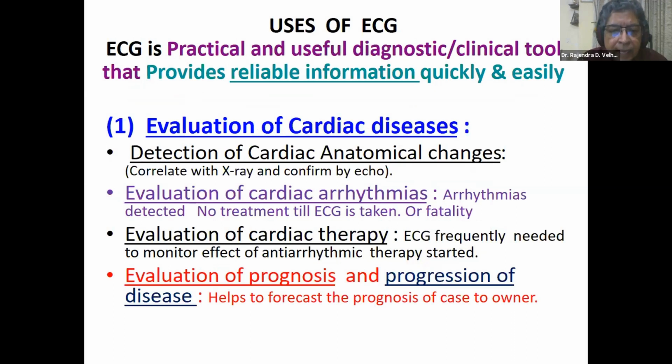By analyzing the PQRST waveforms, we can identify the anatomical changes taking place in each compartment of the heart, because there is a corresponding change in the ECG waveform for every chamber enlargement or every chamber anatomical change. Of course, you have the clinical history of the patient, which is to be correlated with the X-ray and finally confirmed by echocardiography, because ECG is not a panacea.